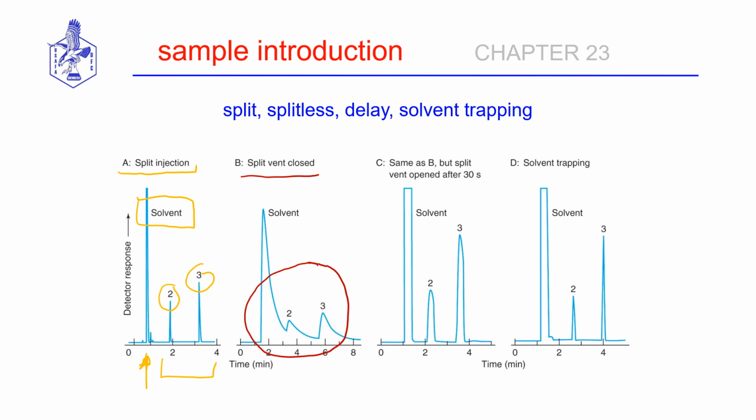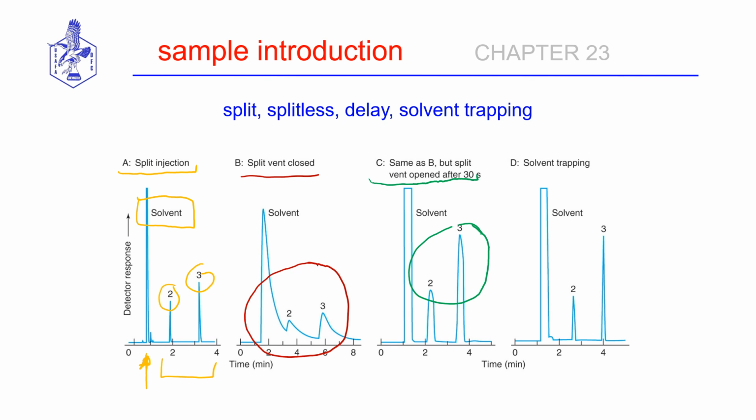The other option is to run the analysis with the split vent opened, but with a delay after 30 seconds. So if we run split with a delay, that's going to result in broader peaks than running it split, but still in a reasonable amount of time and much better than had we put the entire sample on the column with the split vent closed.